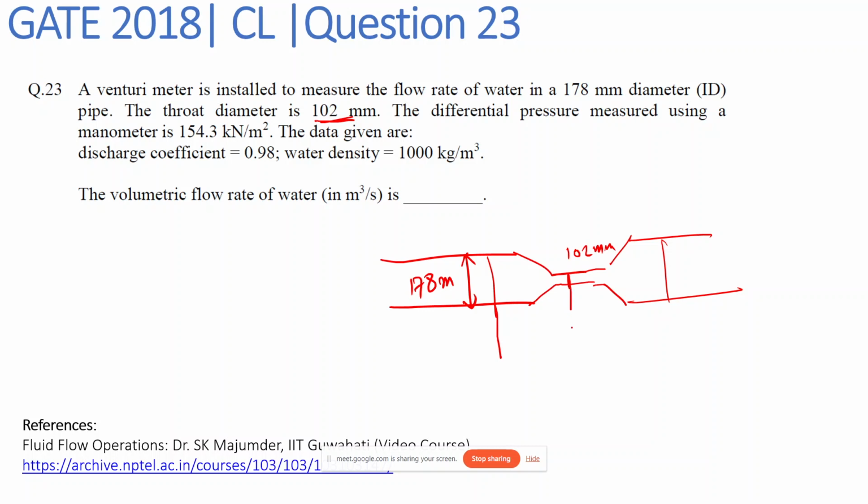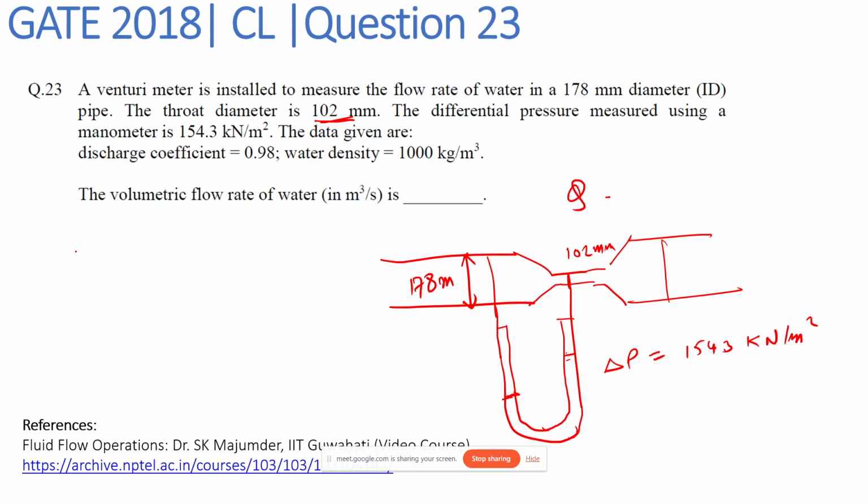So let's just consider a manometer that has been connected through pipe across both of these sections. This manometer will measure a pressure difference of 154.3 kilonewton per meter square, and then we have been asked to find the volumetric flow rate, that is Q.